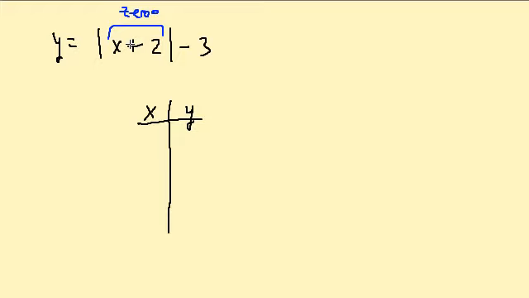Of course this is easy. This is just -2, but if you have something a little more complicated in here, you can just take the x plus 2, set it equal to 0, and that would give you x equals -2. So that's the first number I want to choose, -2.